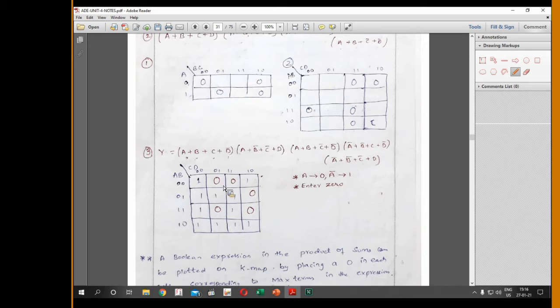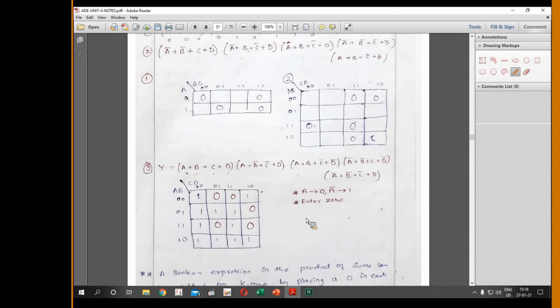So we placed 000, we are just labeling with a red pen. We assign 000 because my function is in standard POS, and the left-out cells which are not represented with a 0 are the minterms, hence we placed ones on the left-out binary cells.